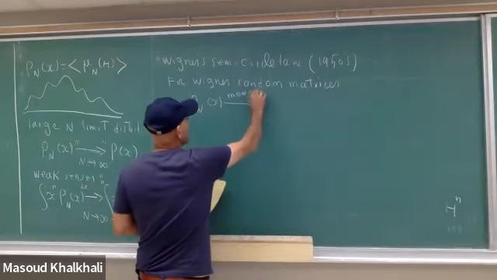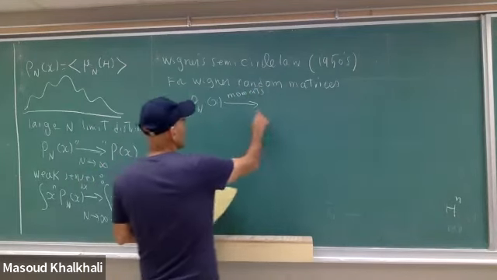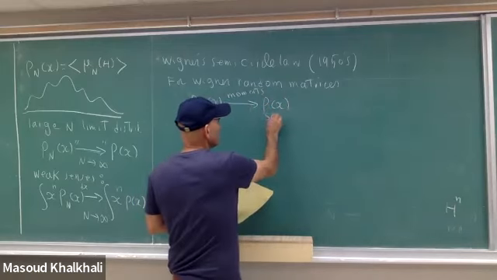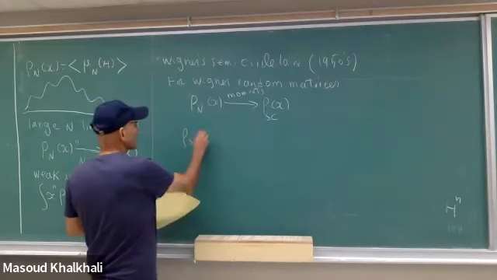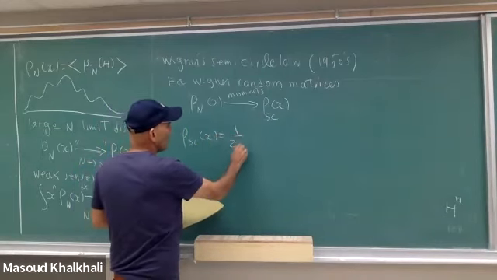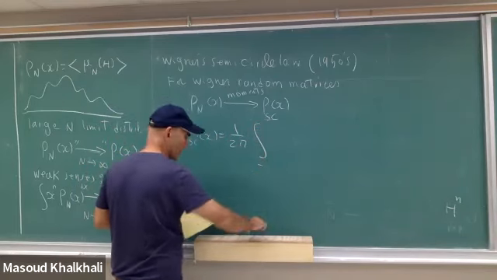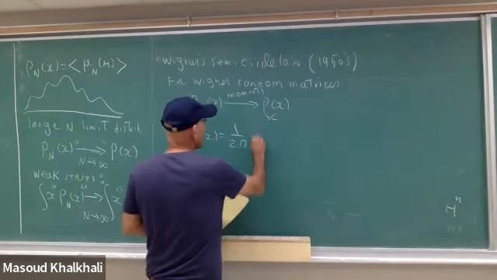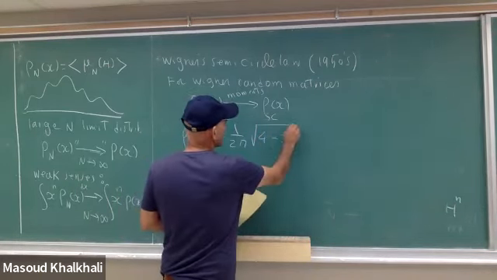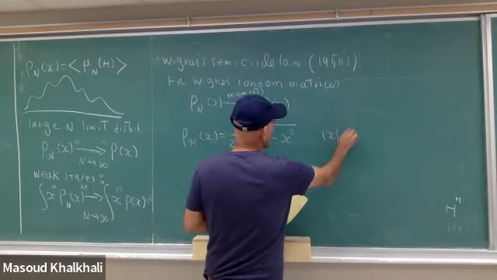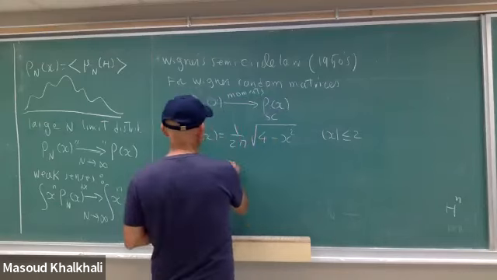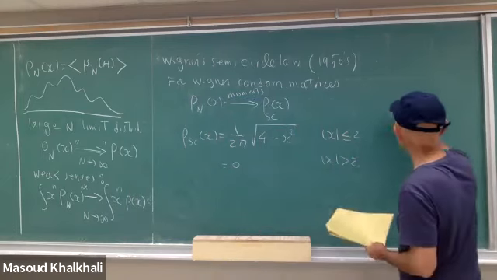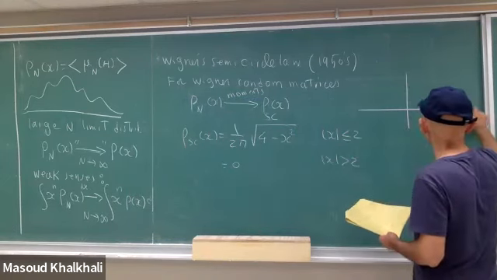I believe Wigner only did the moments case, not more delicate cases. It converges to rho(x), but this rho(x) is a semicircle: 1 over 2 pi times the square root of 4 minus x squared for the absolute value of x less than or equal to 2, obviously, and 0 for the absolute value of x bigger than 2. So this semicircle is really just a semi-ellipse, not a circle. That's okay.